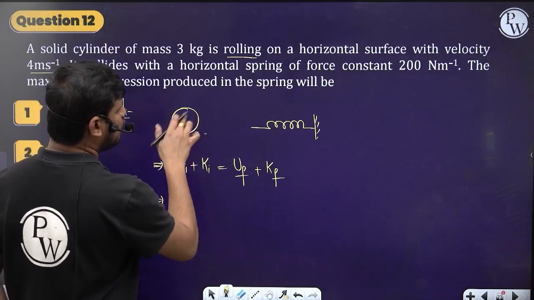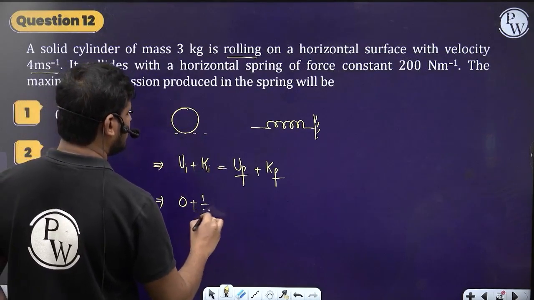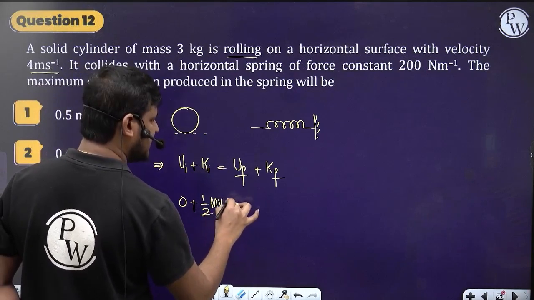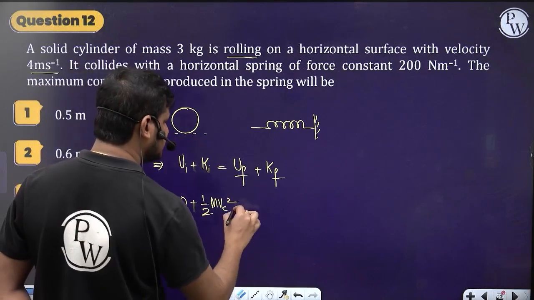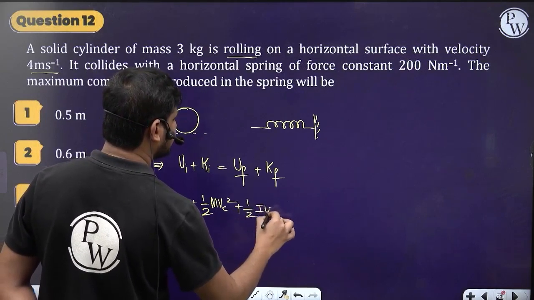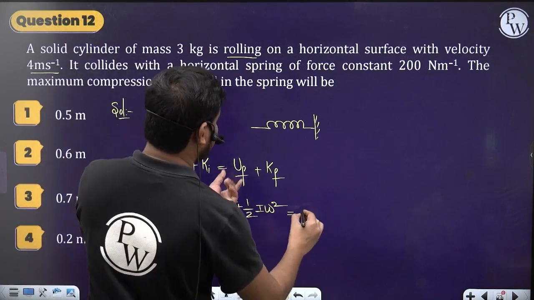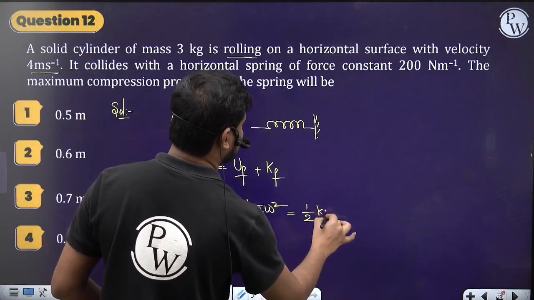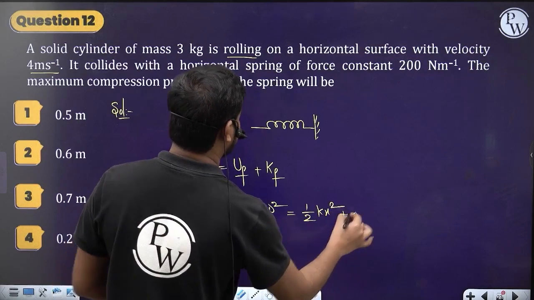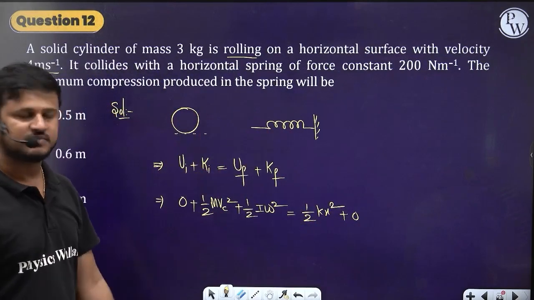It is rolling, so the initial kinetic energy is half m vc square, the translational kinetic energy, plus half I omega square, the rotational kinetic energy. Finally it compresses, so half k x square, plus final kinetic energy 0, since it comes to rest after some time.